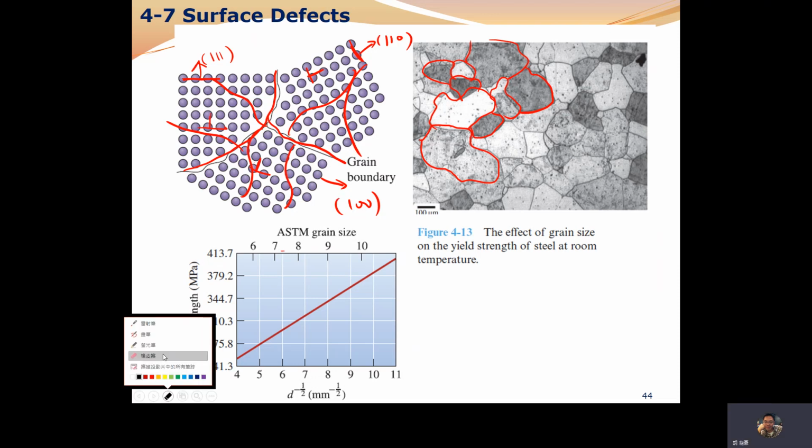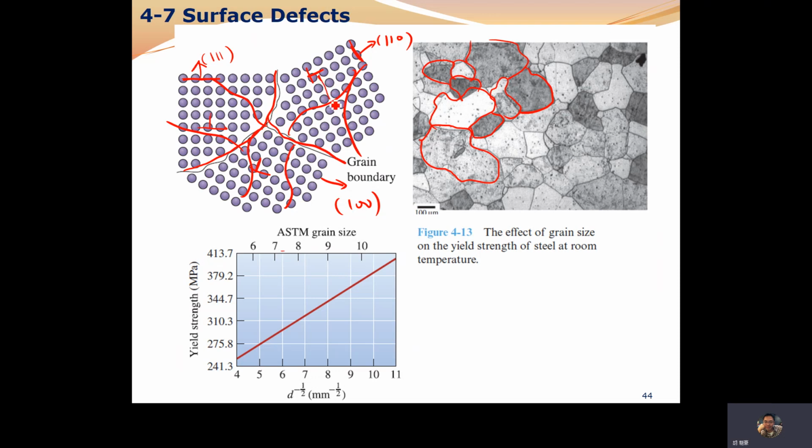Because the distance of dislocation movement is short, right? So if we have a higher number of grain boundaries, what's going to happen? For example, when this dislocation moves, it will be stopped, right?